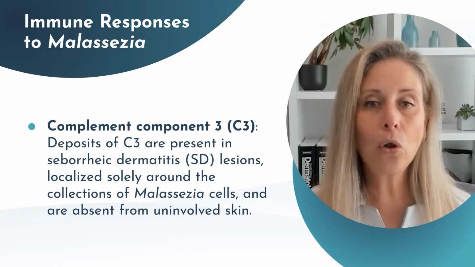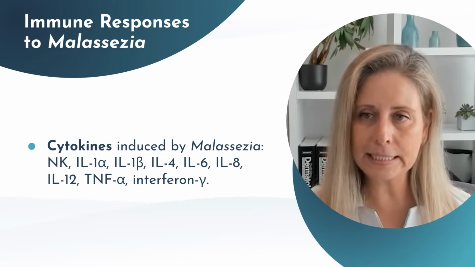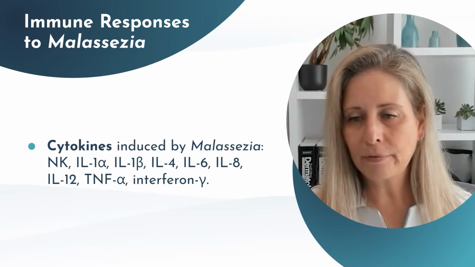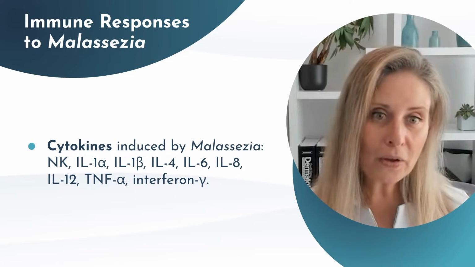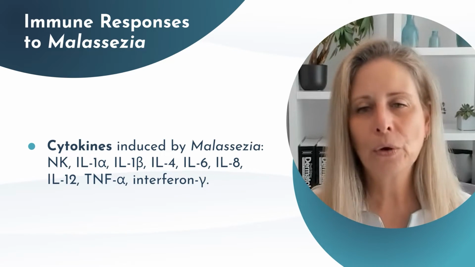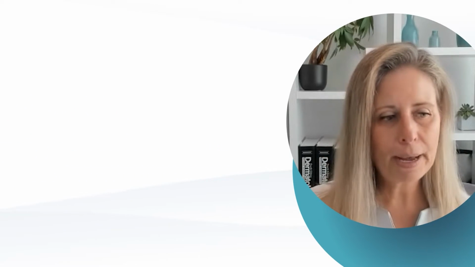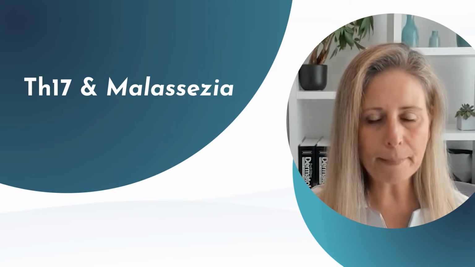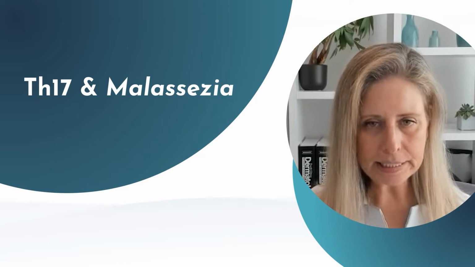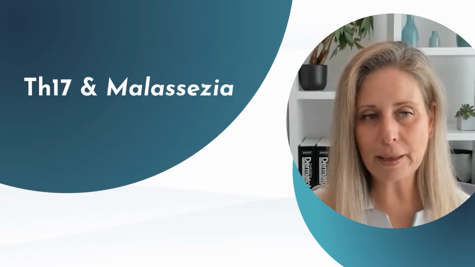And then we have a whole host of inflammatory cytokines that are produced in response to Malassezia inflammation. We have IL-1 alpha, IL-1 beta, IL-4, IL-6, IL-8, IL-12, TNF alpha, interferon gamma, right? Lots of different inflammatory responses. And then let's talk about the Th17 pathway, and we'll look at a chart of this in a minute. But Th17 and Malassezia. So we know that we also have a Th17 response to fungal organisms in Malassezia.